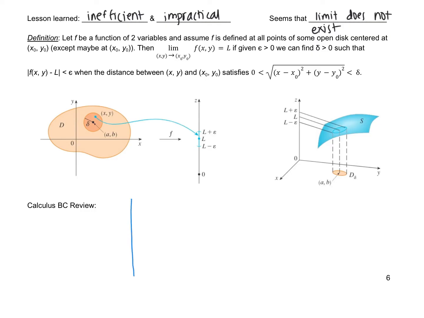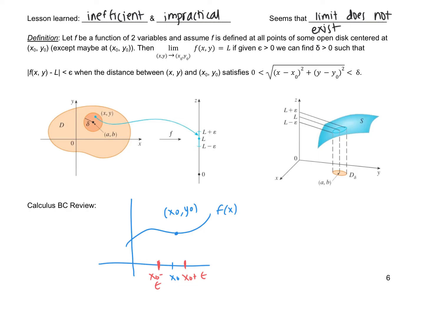So I want to talk about what this looks like in 2-space, since that's what you saw in Calc BC. So in Calc BC, again, like I showed you before, we had some function in terms of x, and we were looking at some value x naught, which correlated to some point (x naught, y naught). And so what this looks like in 2-space is that at x naught, we add epsilon and subtract epsilon, and then it gives us this interval.